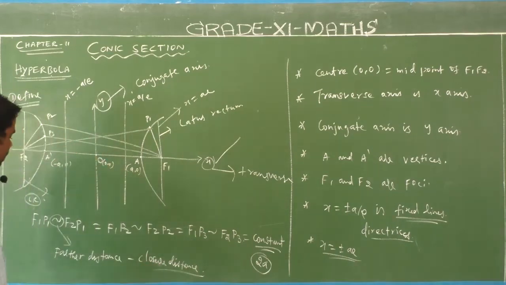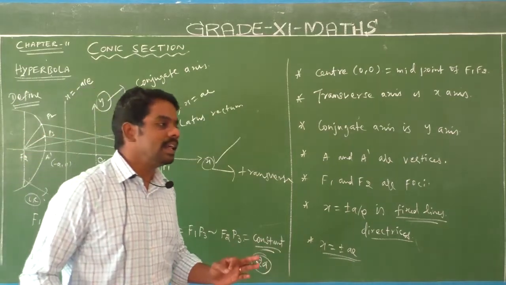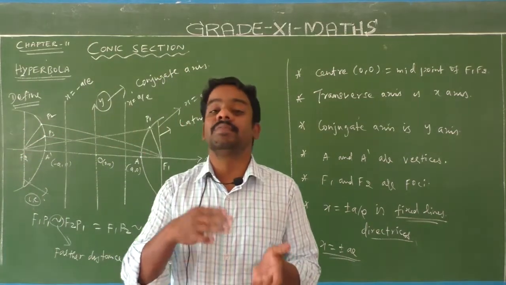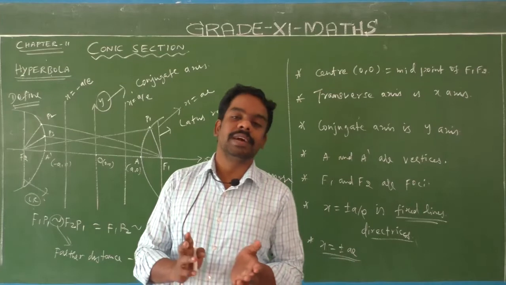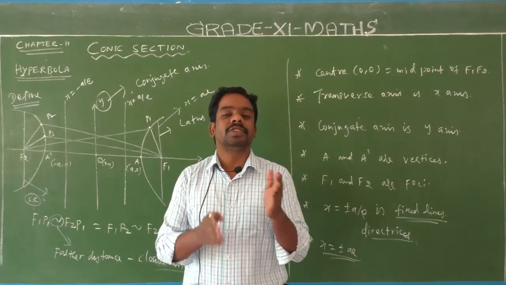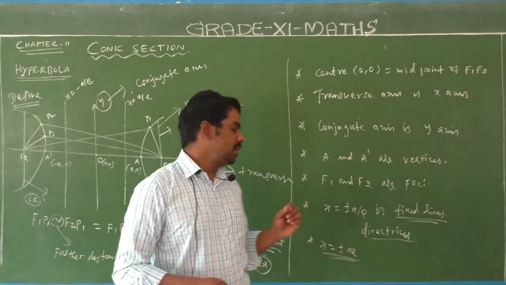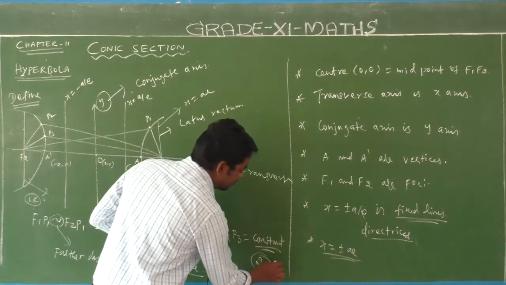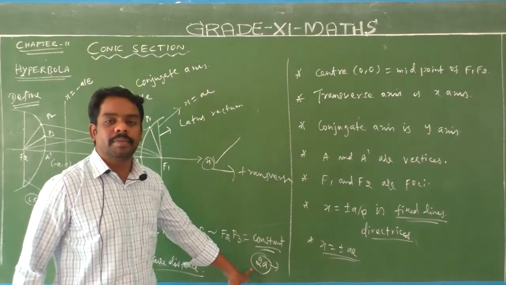That means the biggest value minus the smallest value. Here difference means a positive value. This constant value is the length of the major axis.